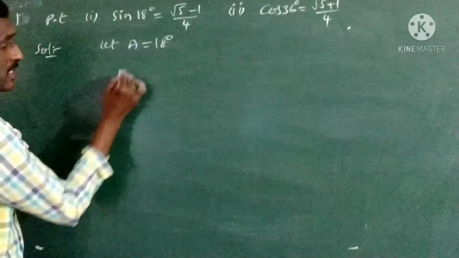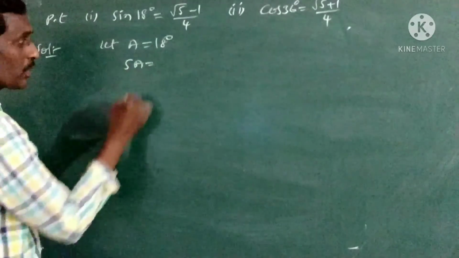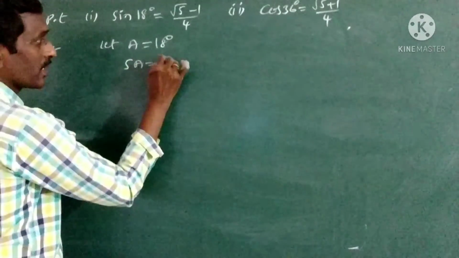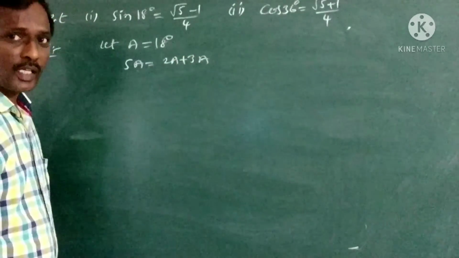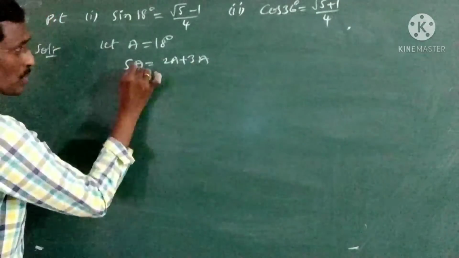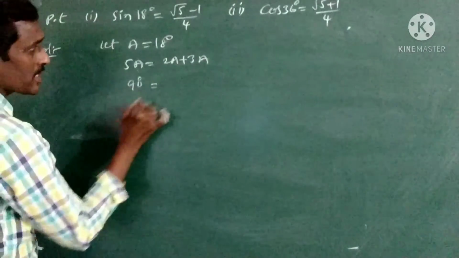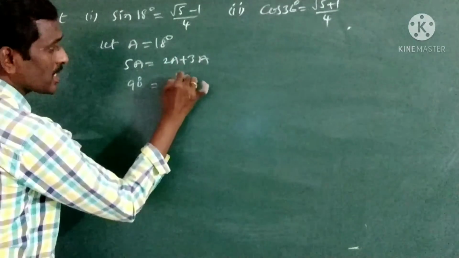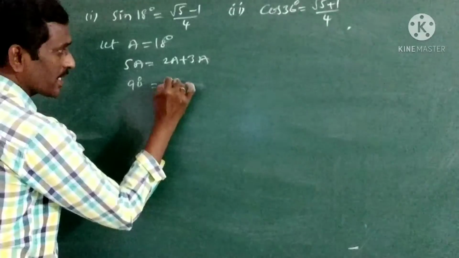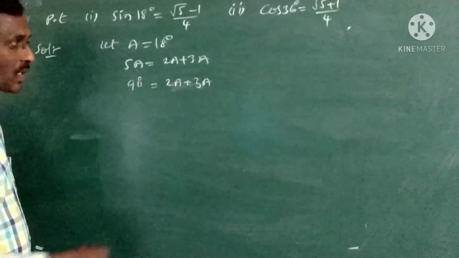So I am going to write 5A, splitting this as 2A plus 3A. Now 5A becomes 90 degrees, and 2A is nothing but 36 degrees. Otherwise, let us write it as 2A plus 3A only.